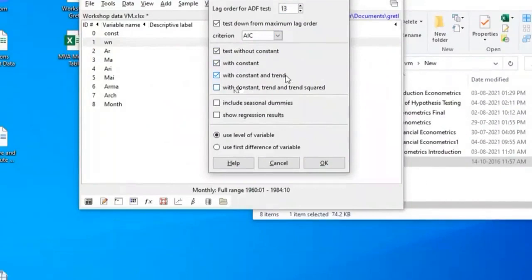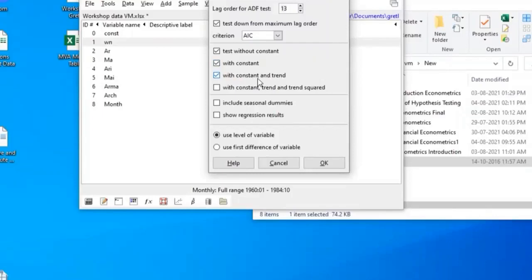Now see one thing, if we include a constant and a trend, then if the particular series has a trend, then that will be detrended. And we are checking for the unit roots on a detrended series. That is why we are using this trend.